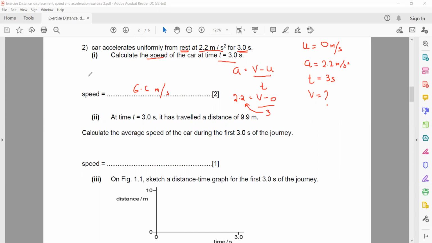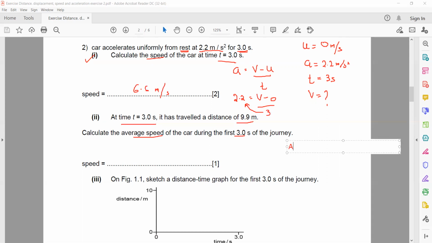The second part: calculate the average speed for 3 seconds, and when time equals 3 seconds, it has traveled a distance of 9.9. So how to calculate an average speed?